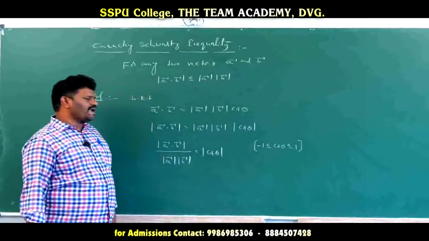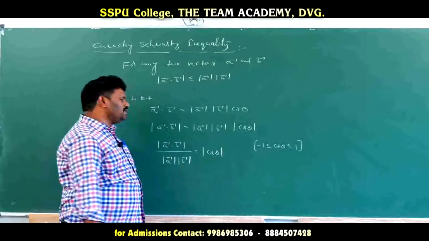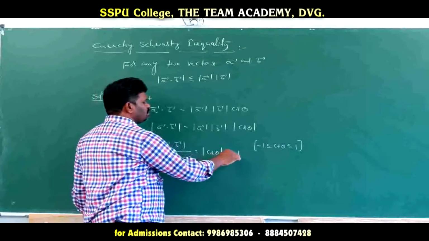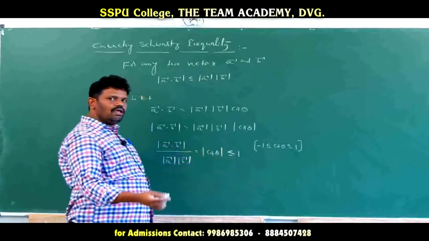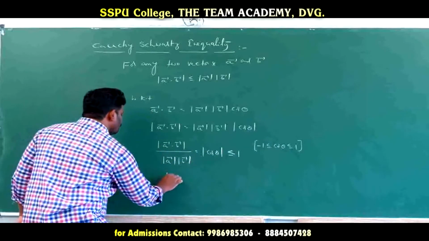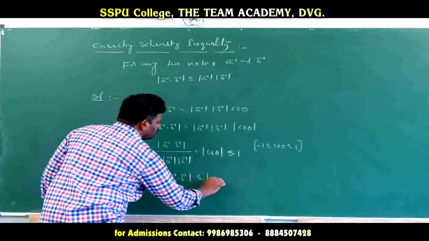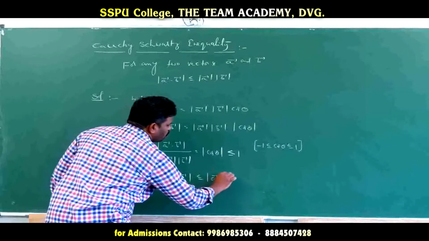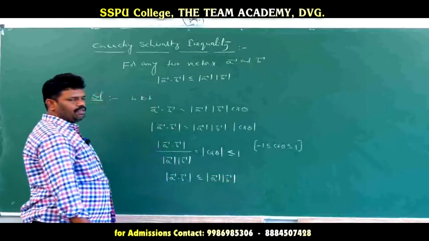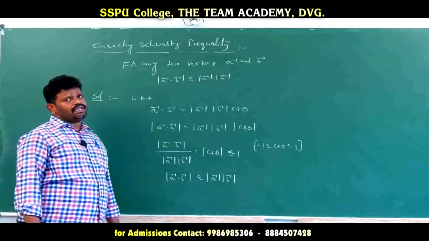Now applying the magnitude, the negative value becomes positive, so this value must be less than or equal to 1. Finally, magnitude of A bar dot B bar is less than or equal to magnitude of A bar into magnitude of B bar. This is the Cauchy-Schwarz inequality.